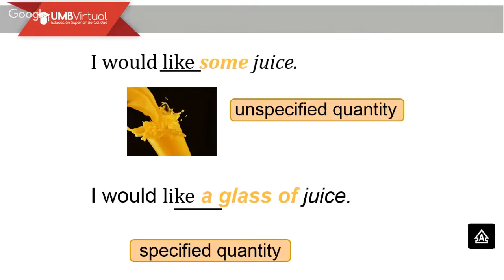So as we have a glass of juice, en este caso por eso vamos a utilizar el a, porque nos estamos refiriendo más que al ingrediente, a la cantidad exacta. Entonces, cuando nosotros decimos un vaso, un litro, una taza de, all of them are referring to an ingredient which is uncountable, but we are making it countable because we are using a specific quantity.